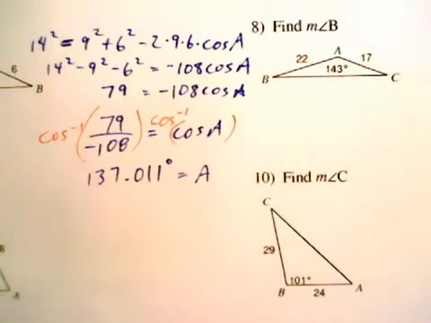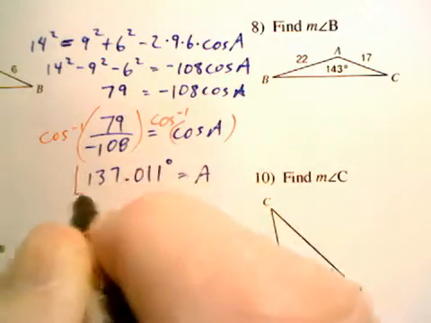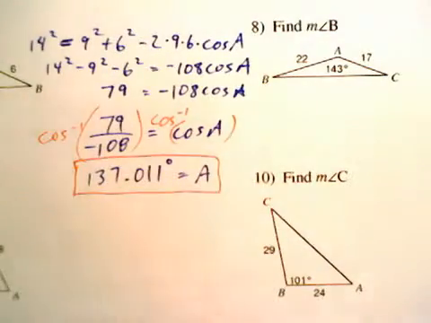Make sure you put the degree symbol there. If you don't put the degree symbol there, you're going to get some points marked off your final answer, because some students don't know the difference between degrees and length. When you put the degree symbol there, I know you know it's degrees.